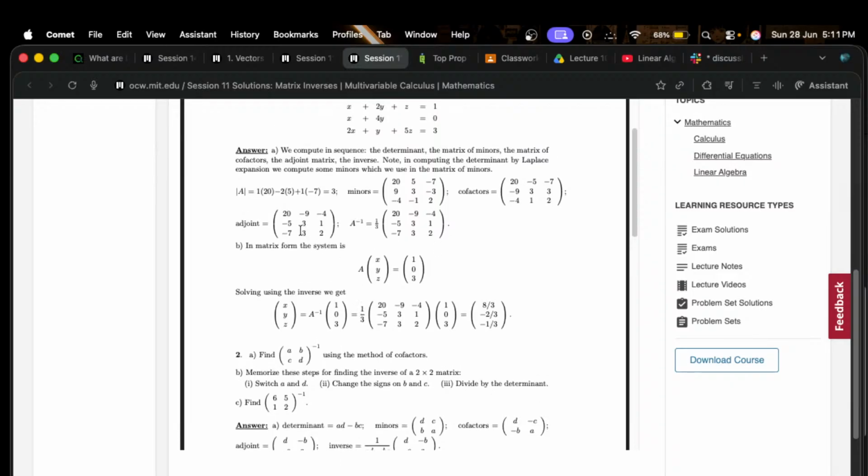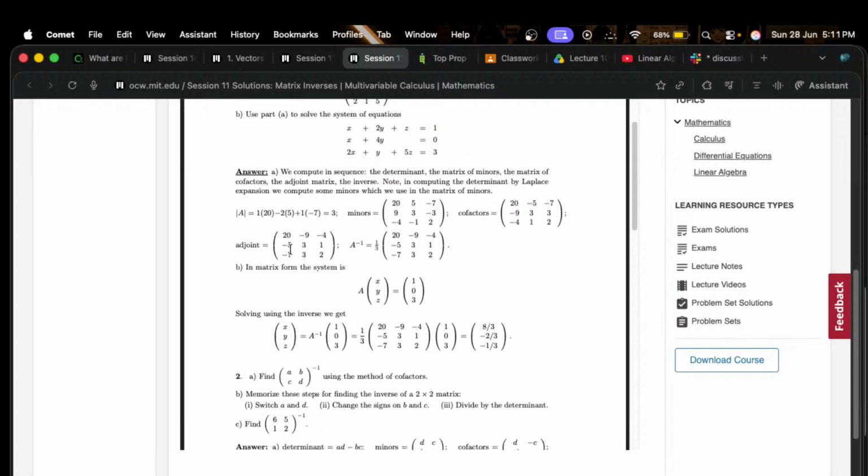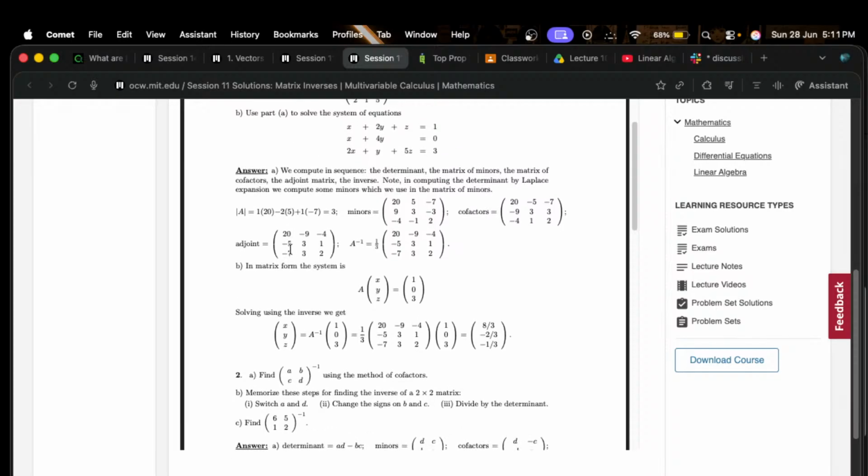Okay, how do we find the adjoint? This is important, right? How are we supposed to find the adjoint? I have to check it once.